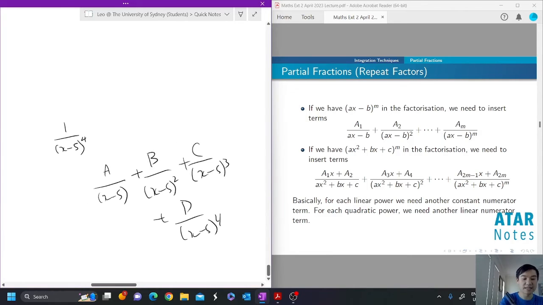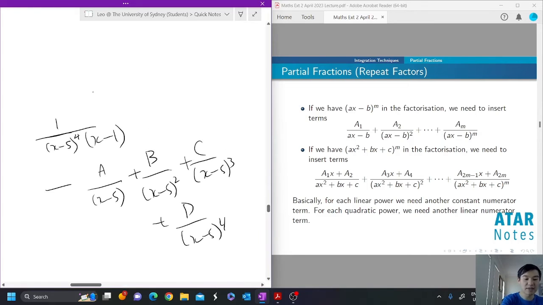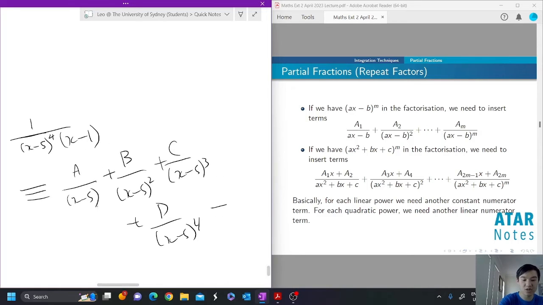So if you had a situation where you had like in here x minus 1 or something like that, you would let this be identically equal to all of these 4 fractions plus an extra fraction to account for this factor here, like that.